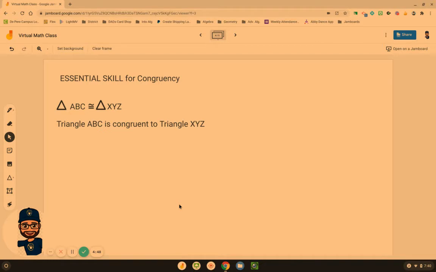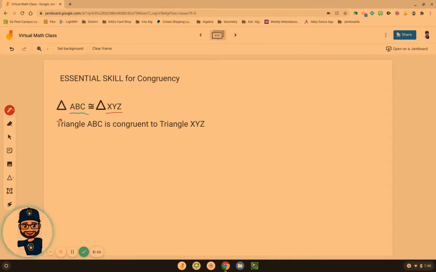Now, one of the most essential skills is to identify what's happening here without having the image or the diagram present. The order in which the letters are written in the first one directly relates to the order in which they are written in the second one.